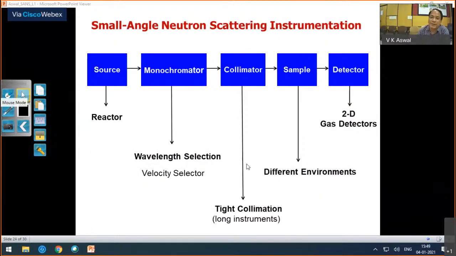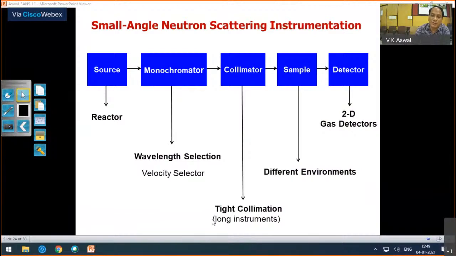So coming to the instrumentation of small angle neutron scattering, like for diffraction experiments, you need to have a source. Then you need a monochromator for wavelength selection, and the most commonly used is the velocity selector, which can select a wavelength and also give you the wavelength spread of your choice. Then since you want to go to small angles in small angle neutron scattering, you need tight collimation.